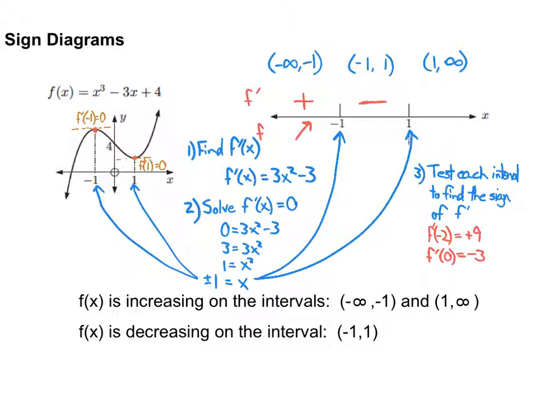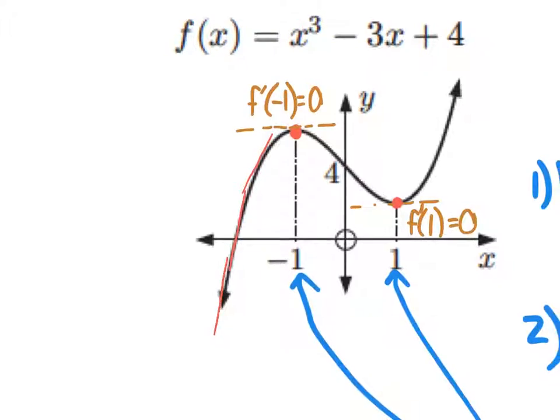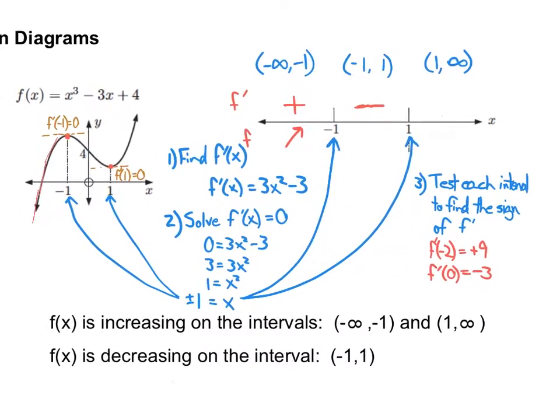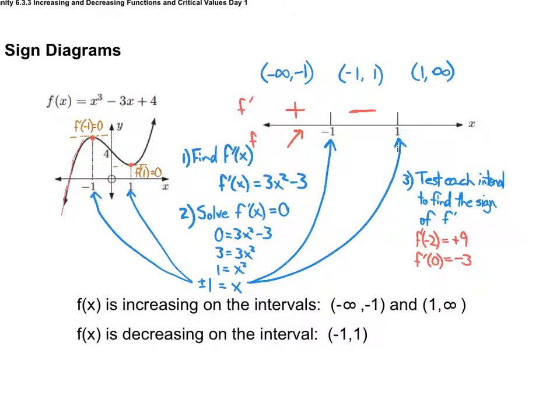Okay? Because look, if I were to draw the tangent lines, all those tangent lines have a positive slope. So if my derivative is positive, it's going to be increasing. Where the derivative is negative, my function is decreasing, because if I drew the tangent lines, I'd have negative slopes.